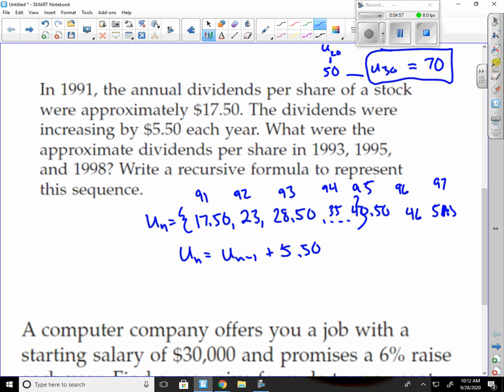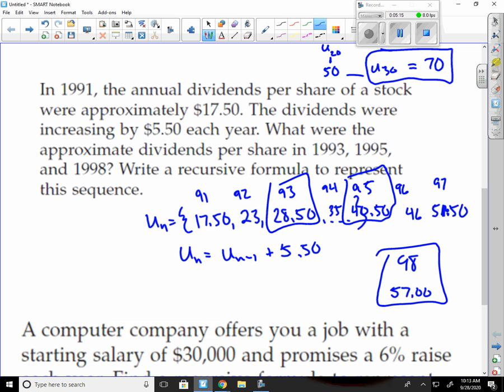And 98 would be 57. It asked me for 95, 93, and 98. So I'm done.